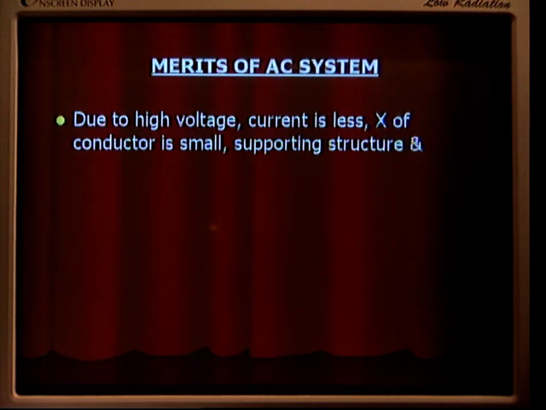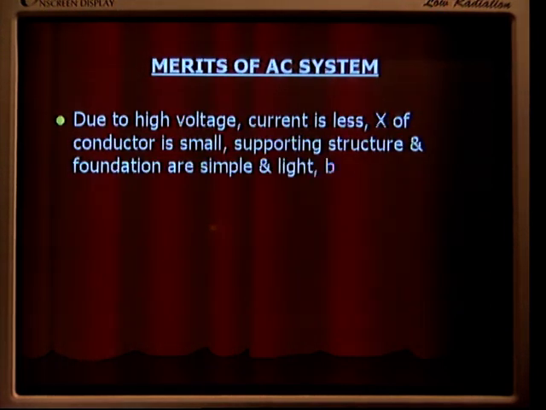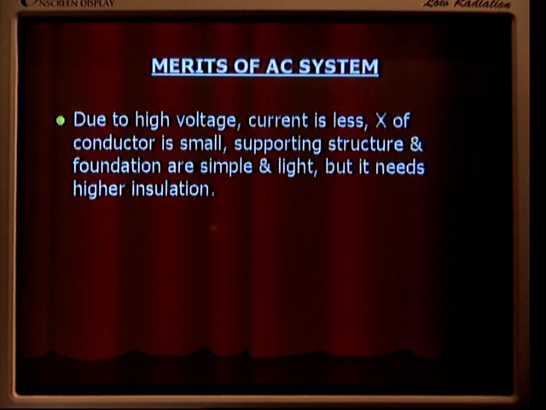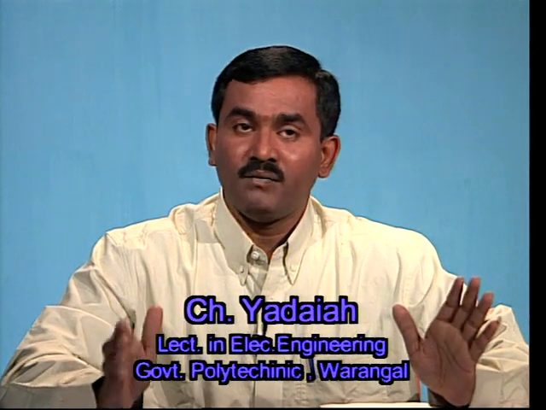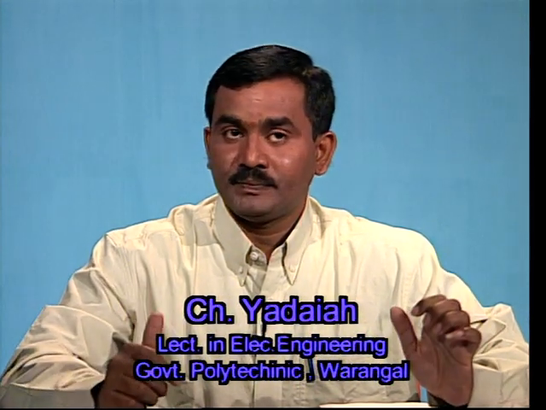The cross section of the conductor is small, and the supporting structure and foundation are simple and light, but it needs higher insulation. We know that for constant power, P is equal to V into I into cos phi.